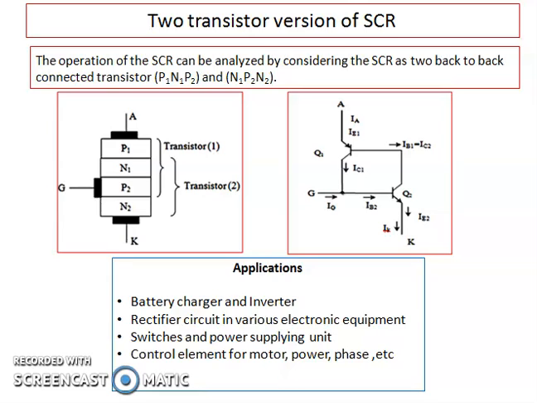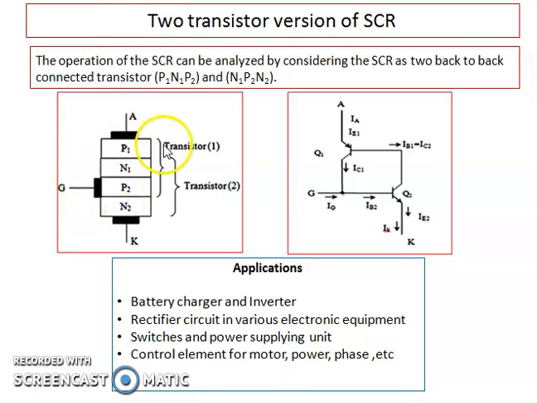That is, the SCR can be considered as a back-to-back connected PNP transistor and NPN transistor. The construction diagram and the equivalent circuit diagram shown here clearly indicate what we are mentioning.